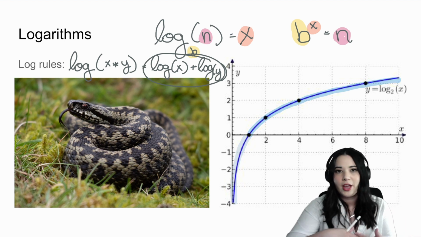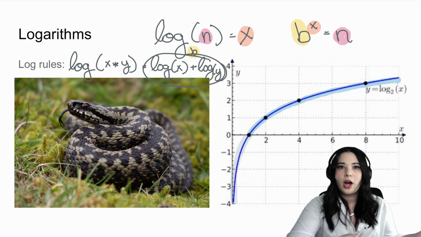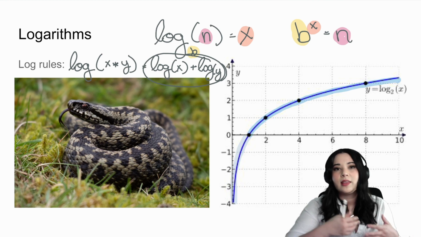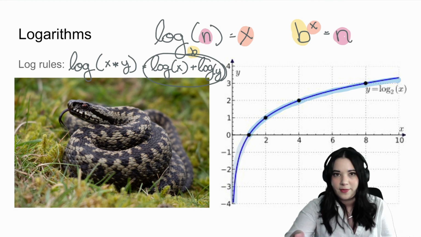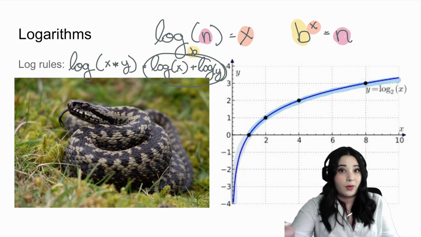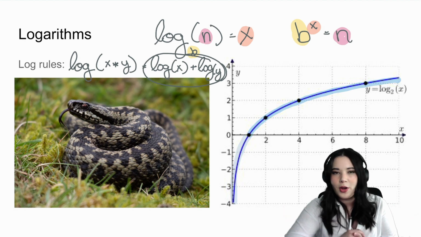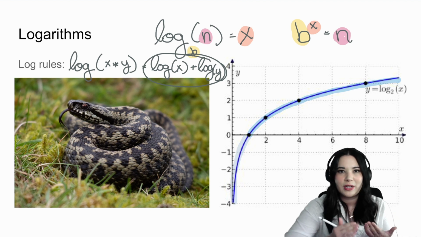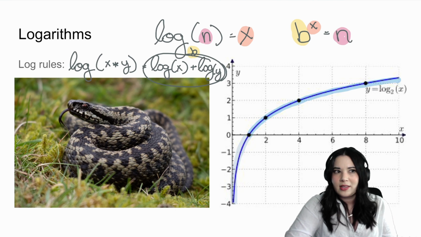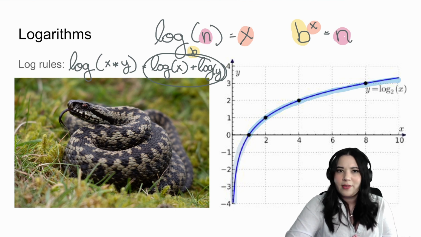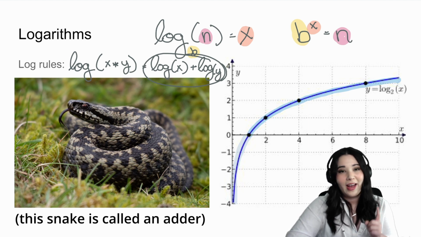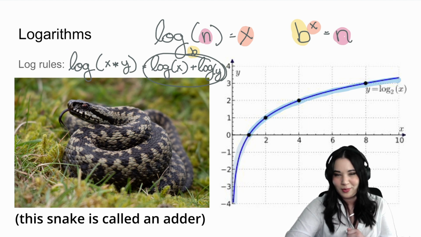And the snakes say, "Oh, well, could you just chop down some trees for us and let us live in what remains of them?" And Noah goes, "Okay," and does so. Then a couple of weeks later, Noah comes back and everything's great. The snakes are reproducing and they look great. So we ask them, "Oh, why did having all of those chopped down trees help you reproduce?" And the snakes say, "Well, we're adders. We need logs to multiply."